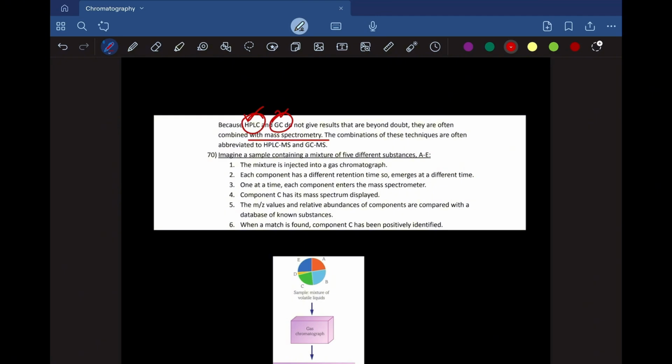We combine them with mass spectrometry, and they can be called HPLC-MS and GC-MS, gas chromatography mass spectrometry.